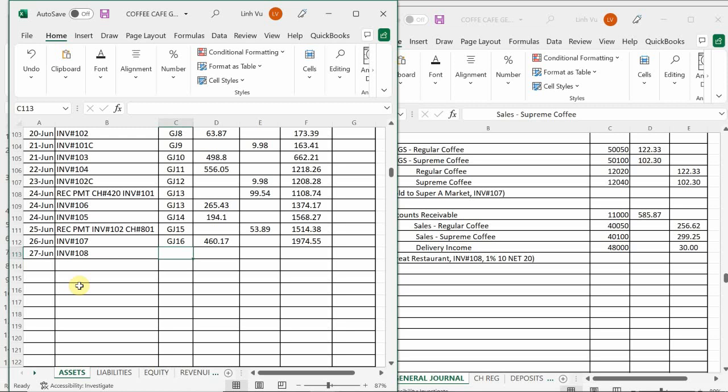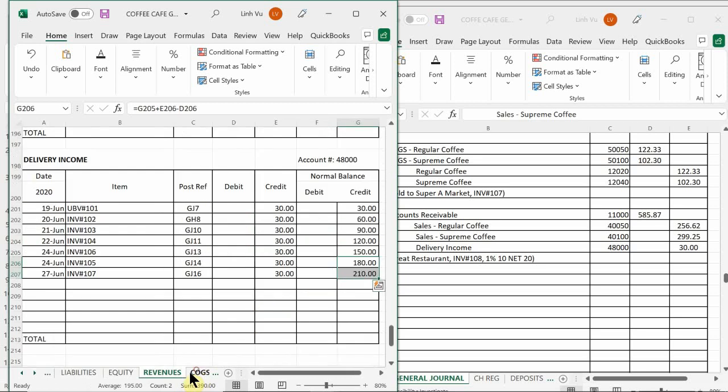We are on page 17. We increased our accounts receivable by $585.87. That should increase your account to $2,560.42.